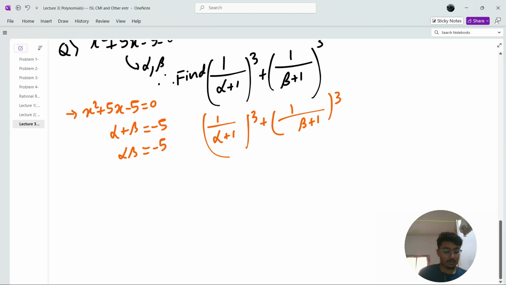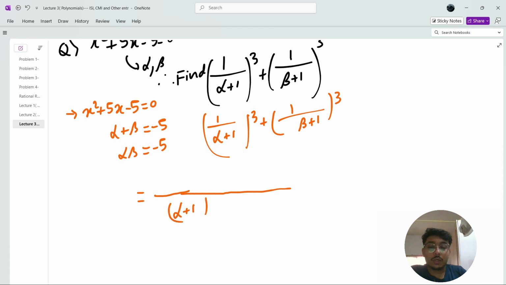So time to think, how can we solve this? Okay, so let's just manipulate it directly. This is an addition, so what would be in my denominator?